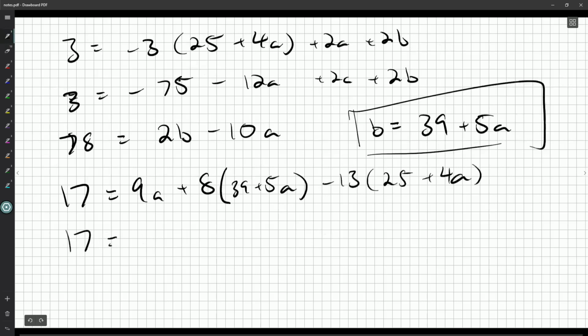Alright, so that should be 17 is 9a plus 8 times 40 is 320 minus an 8 would be 312 plus 40a minus 13 times 25. 12 times 25 is 300, so that'll be minus 325 plus minus 52a.